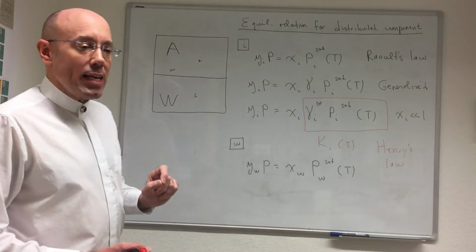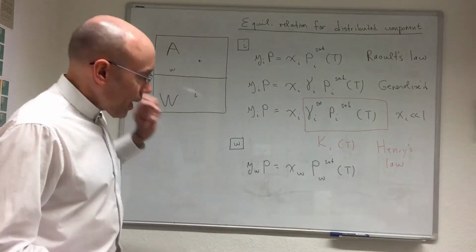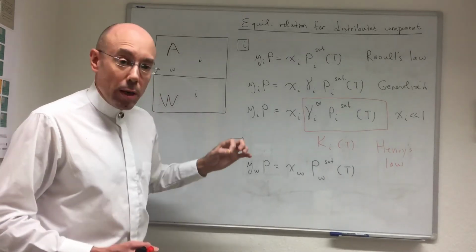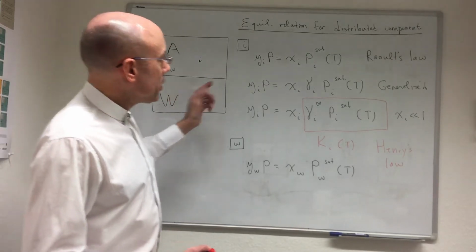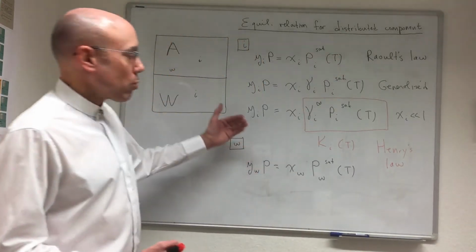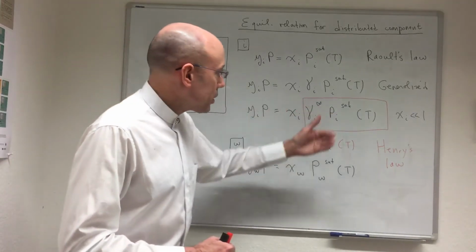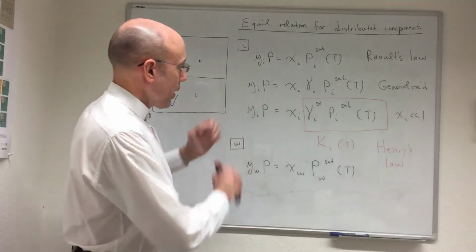But because i is distributed between the gas phase and the liquid phase, your analysis is going to have to include the relationship for the equilibrium of i between these two phases. So when i is present in both phases, when it's a distributed component, you need to write down the equilibrium relationship for it, and that is either Raoult's law or Henry's law, and here they are.